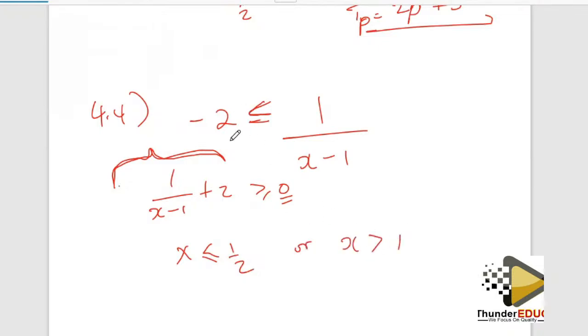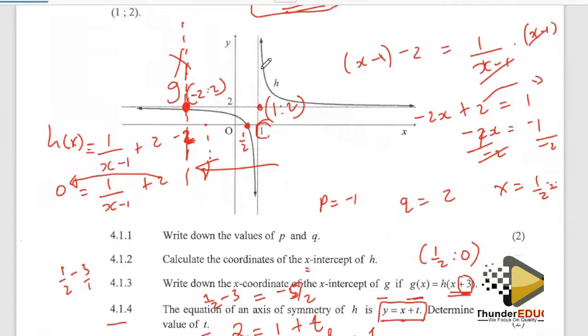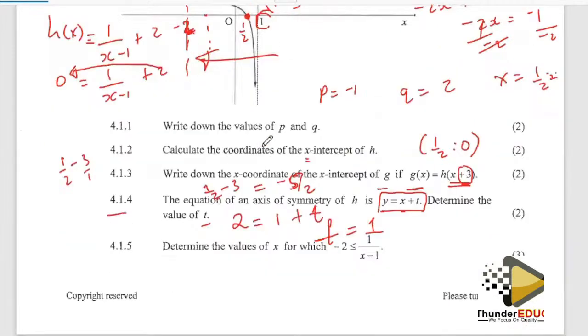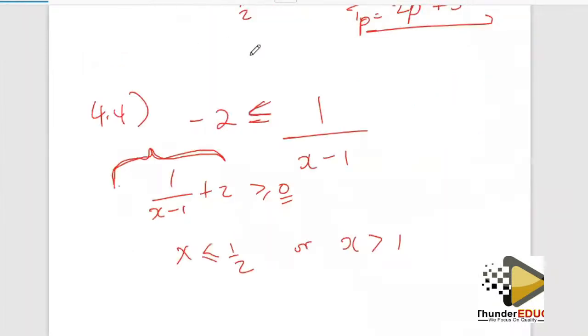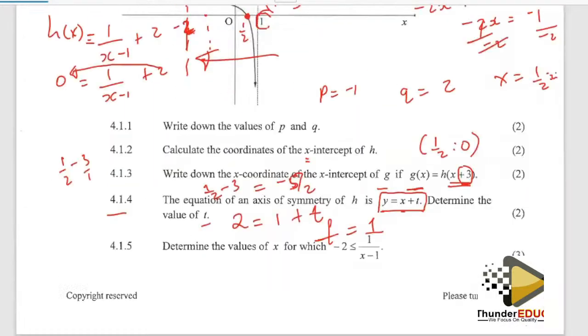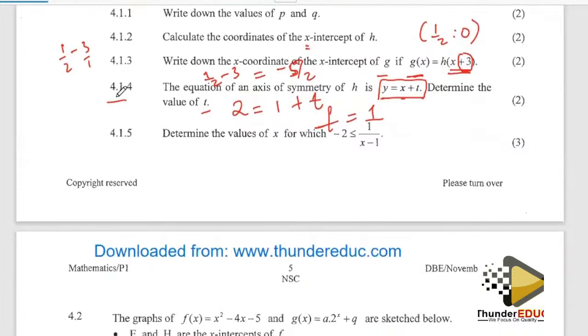You can't put it as a sign because the one is an asymptote. So that's all. We just needed to express this in form of the original graph. Okay, then that is question number 4.1.5.